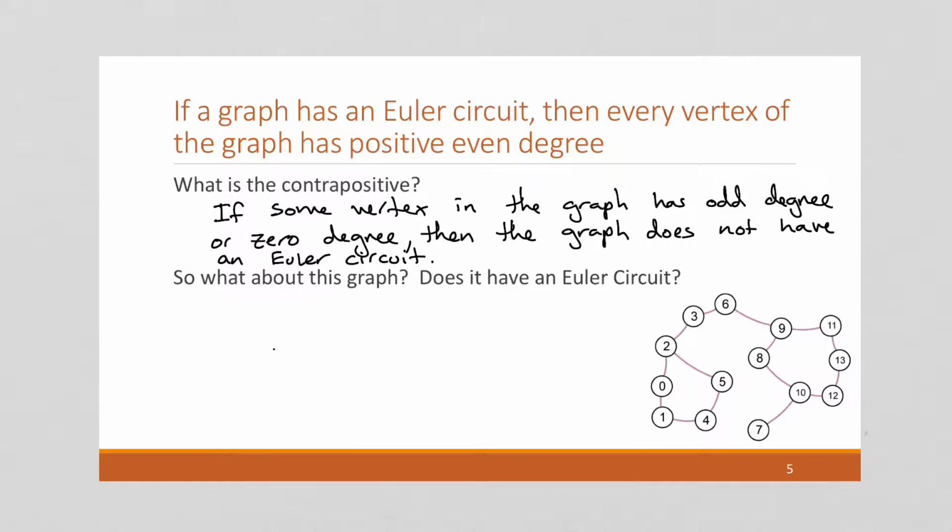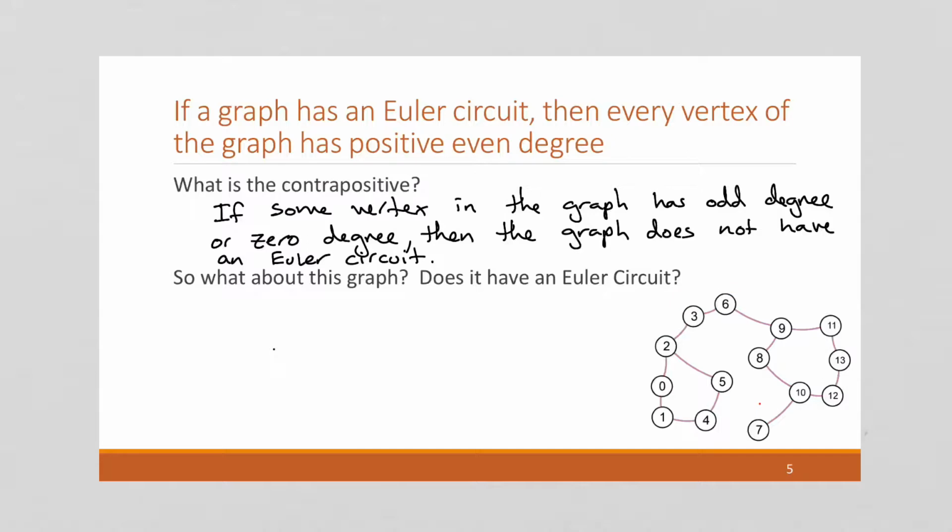All right, so that is the contrapositive. And since we proved the statement already, we know this is true as well. So we know if there's a vertex with an odd degree or 0 degree, then there's no Euler circuit. So how about this one that we're looking at here? Does it have an Euler circuit? Well, the way you find out is you look at the degrees. So it's very annoying. Degree of 2, degree of 2, degree of 3. It's not going to have an Euler circuit.